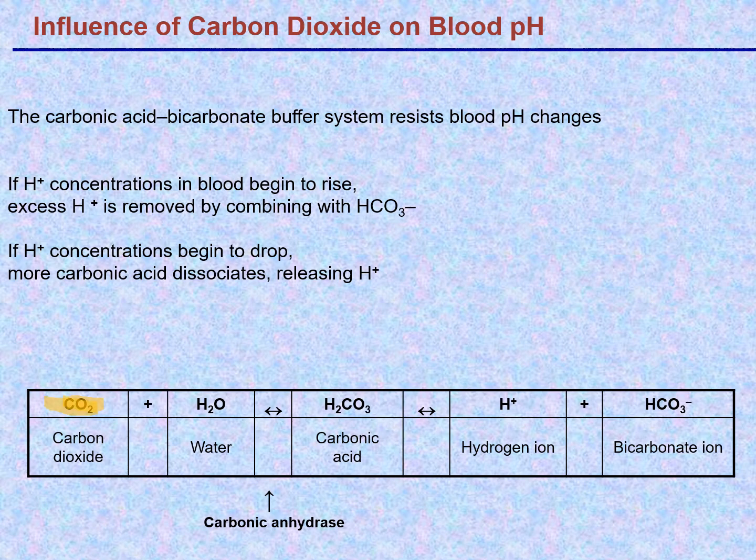So the more CO2 there is, then the equation is running this way, and there are more hydrogen ions. In other words, the pH is dropping in that kind of environment.